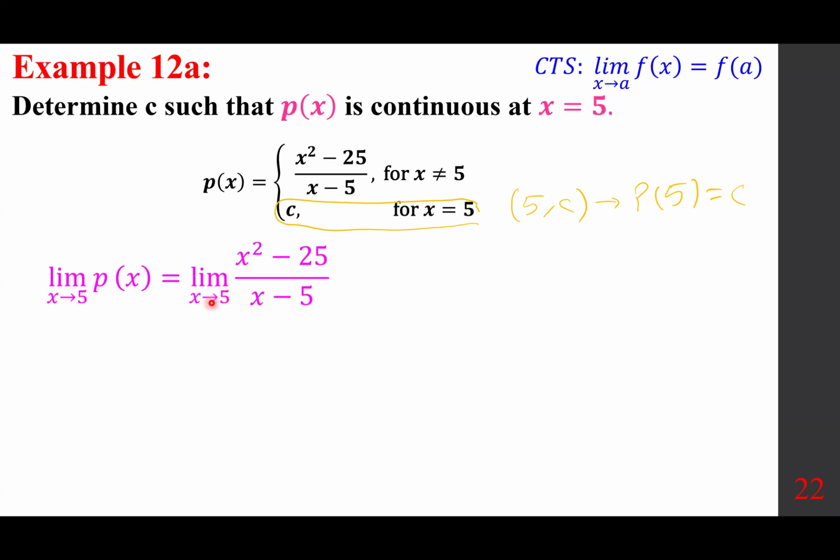If we plug in 5, we get 0 over 0. This is an indeterminate form.